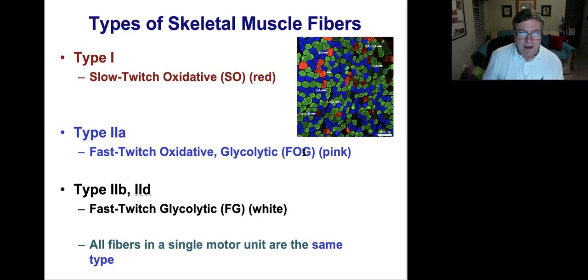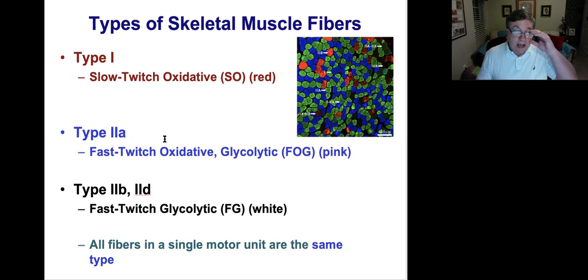We see even some switching from 2As to 2Bs during sprinting and sometimes some weight training. We can see a little bit of a shift from 2As to type 1s with endurance training. What we don't see, even with sprint training or resistance training, is a switch from type 1 to type 2A or B.